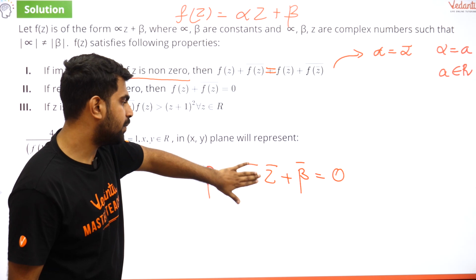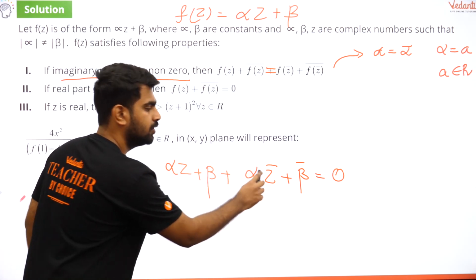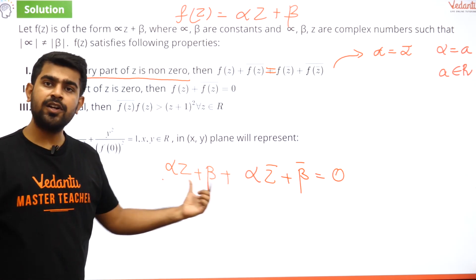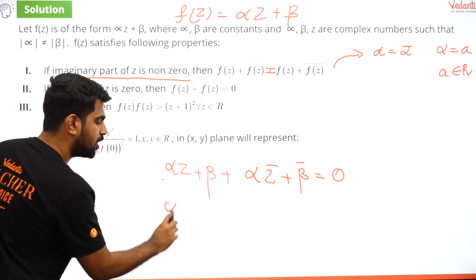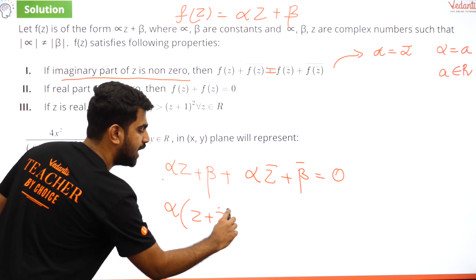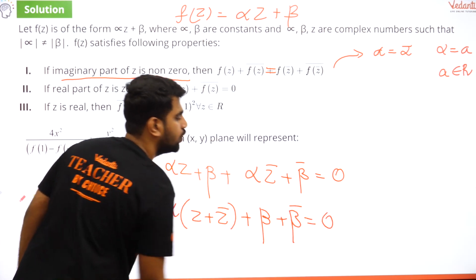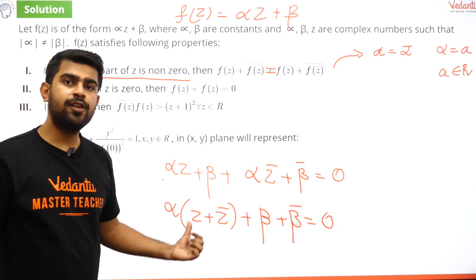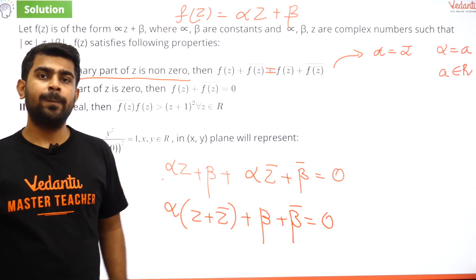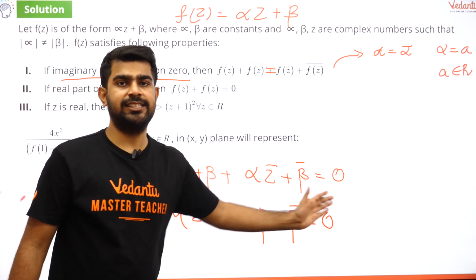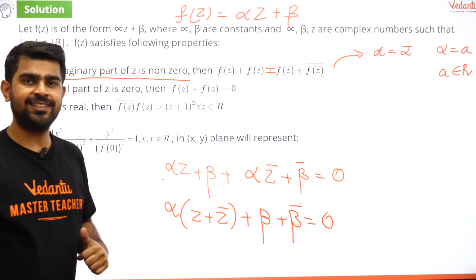Now I can take alpha to be common. So I'll get alpha times z plus z bar plus beta bar is equal to 0. Everyone clear with that? Done?